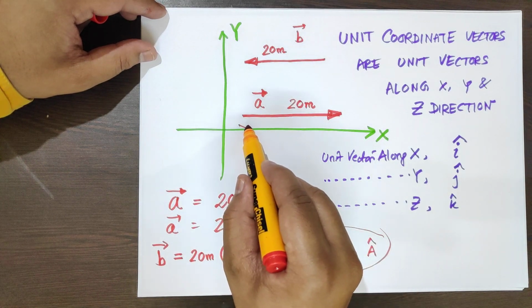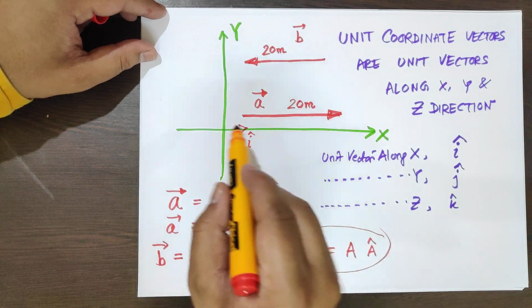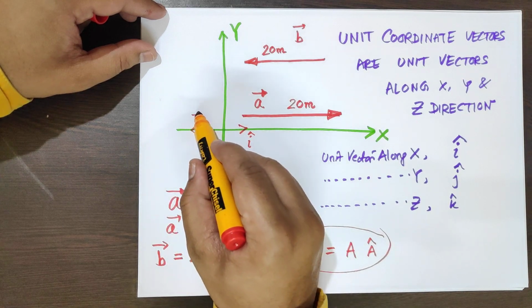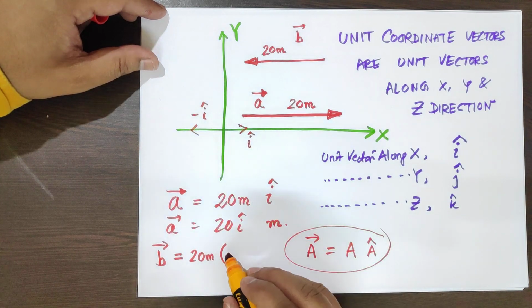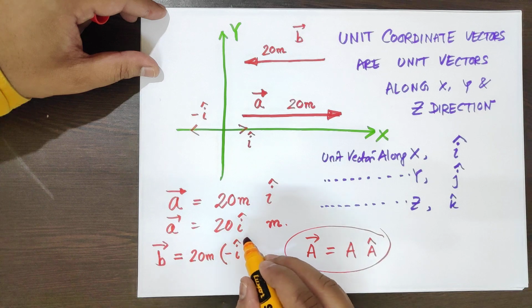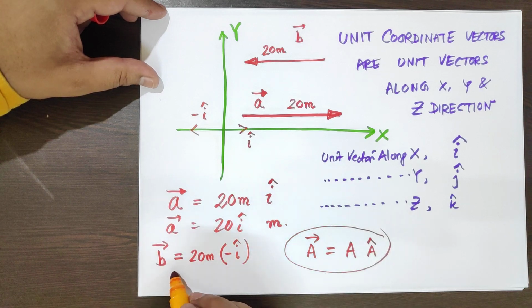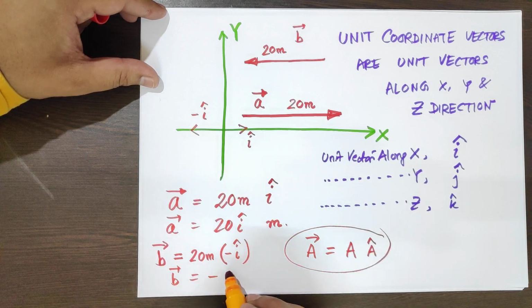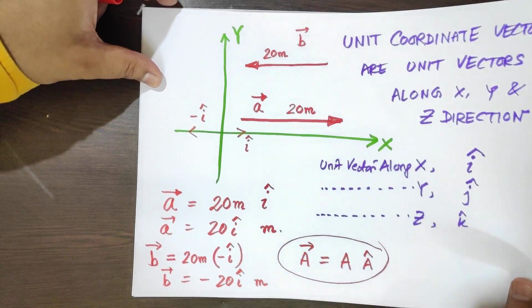See, the unit vector in this direction is I cap, the unit vector in this direction is minus I cap. So into minus I cap, right? So you can write it like this: minus 20 I cap meter. Okay.